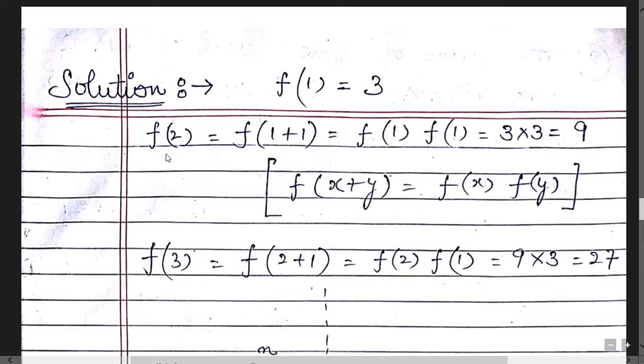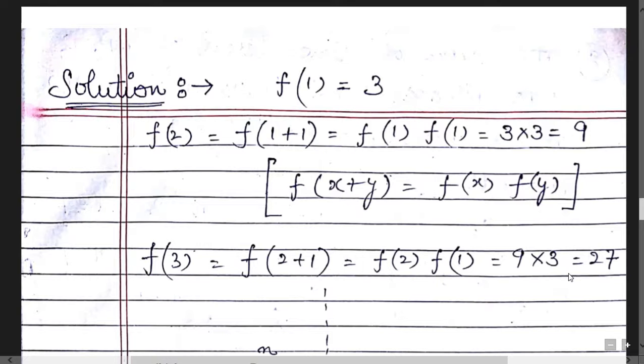Now if I have to calculate the value of f2, I can write f of 1 plus 1, as in the statement f(x plus y) is f(x) into f(y). It means I can write f1 into f1, it's 3 into 3, 9. Similarly, I can calculate the value of f3 by writing f2 plus 1, f2 into f1, value of f2 is 9 and value of f1 is 3.